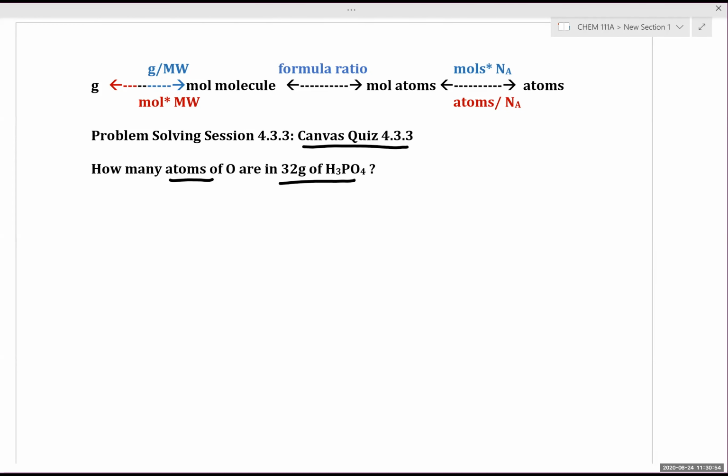I'll be checking Canvas and responses in the chat to see how everyone is doing and if there are any questions or common errors that I can address.